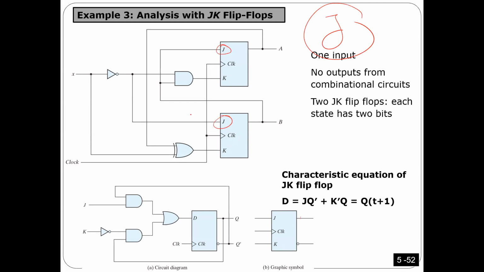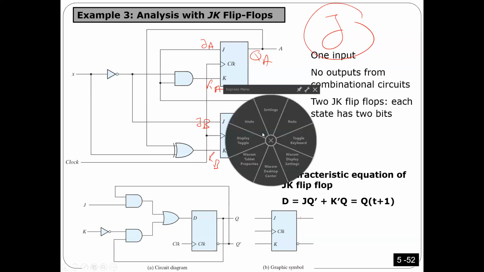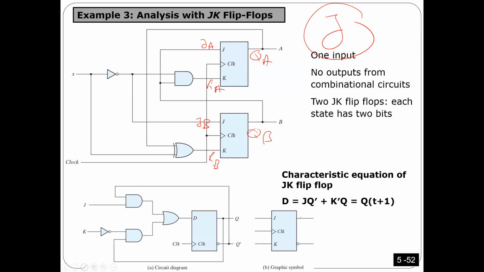So to differentiate between them, for this one, I'm going to say J subscript A, K subscript A, J subscript B, K subscript B. For the output here, I'm not going to use Q. I'm just going to use A and B, just to make it easy. If you want to use QA, QB, I'm okay, but just to make it easy, just A and B. So please don't say J, because I will be confused. Which J do you mean?